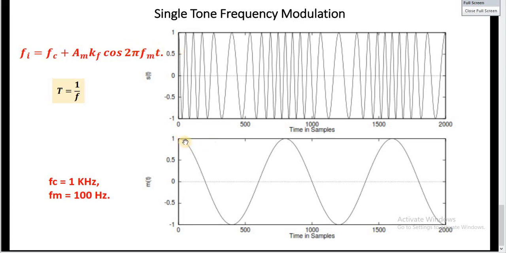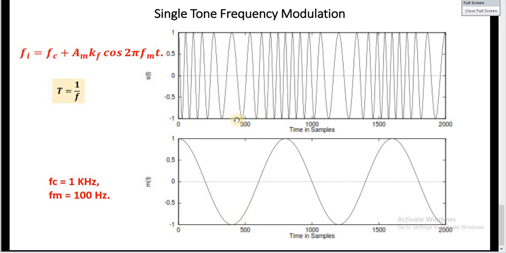So we see that when the message signal is maximum, the instantaneous frequency is maximum, and when the message signal is minimum, the instantaneous frequency is minimum. Or when the message signal is minimum, the period of the modulated signal is maximum, and this period starts to decrease as our message signal increases.